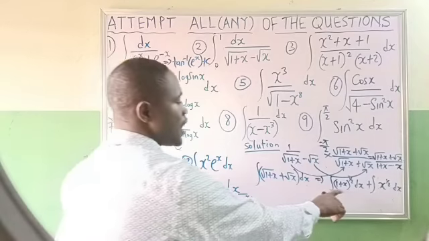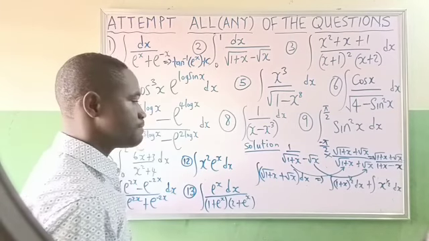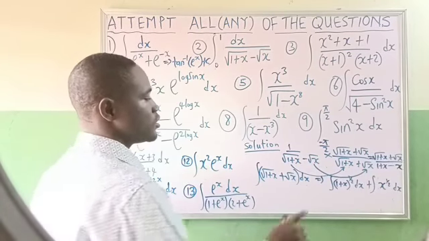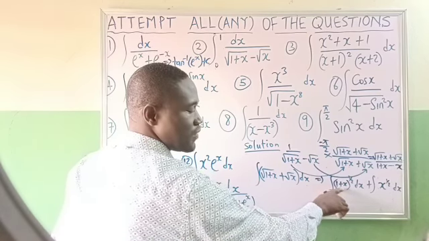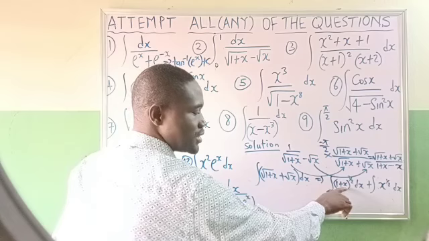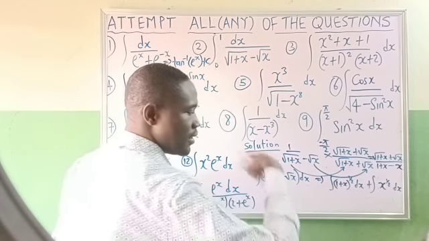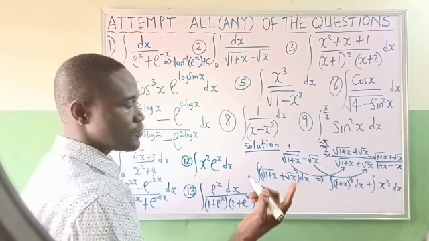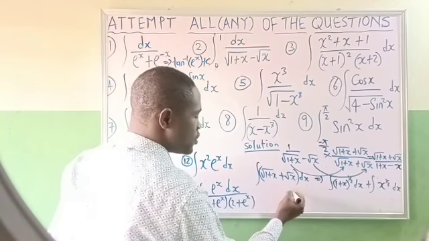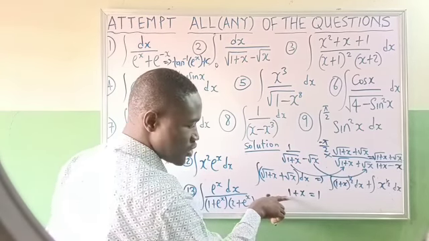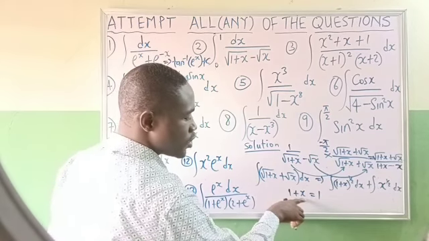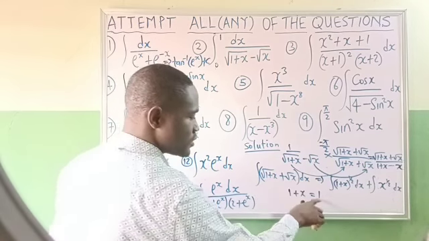Now, how do we integrate this? To integrate it, you know that if you differentiate 1 plus x, differentiate 1 gives 0, differentiate x gives 1. So the answer you will get when you differentiate 1 plus x is 1, because differentiation of 1 is 0 and differentiation of x is 1.